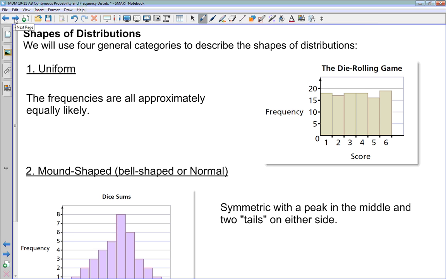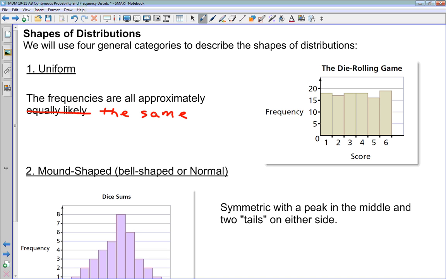If we make a graph of these distributions, we are going to get some particular kinds of shapes. We are going to divide these into 4 general categories. We are going to have what is called the uniform distribution. And we've seen this before. This is the example where we've got a single die, we're rolling it, and we're counting the number of times each of our outcomes turns up. Because it's a single die, our frequencies are all approximately the same.